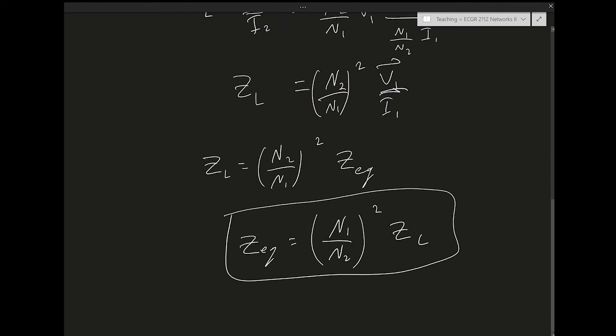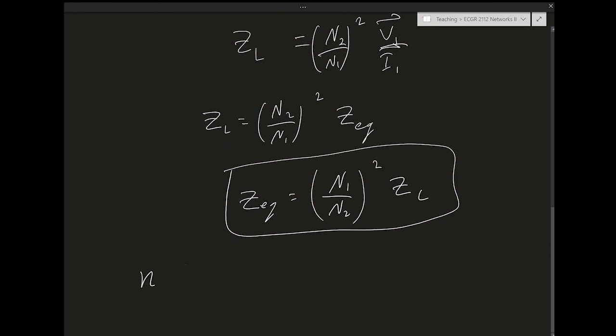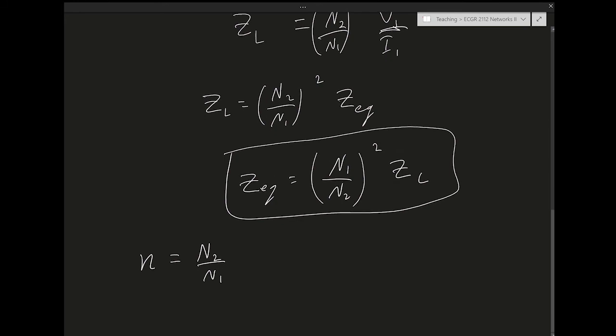So we can write the equations again now, and summarize them. We can introduce the constant n. Small n is defined as N2 over N1, the secondary number of windings over the primary number of windings. Then we can rewrite our equations.